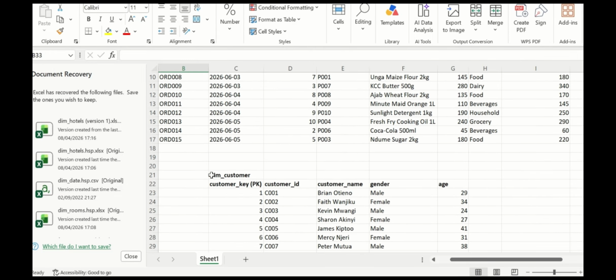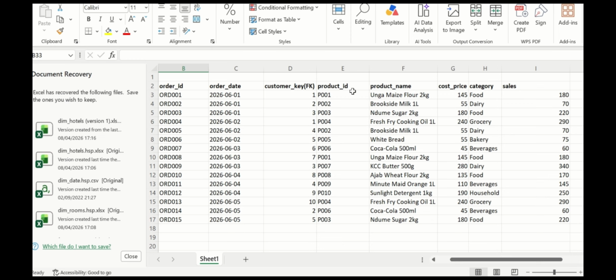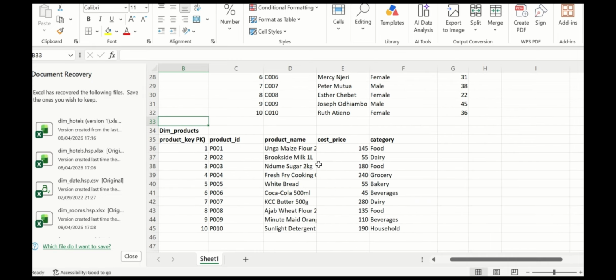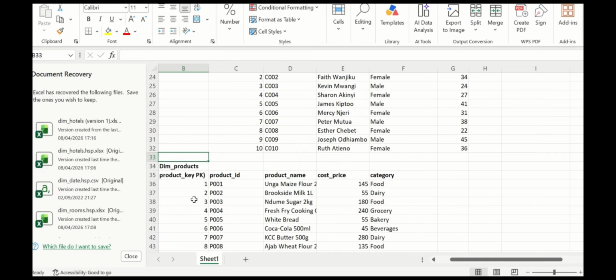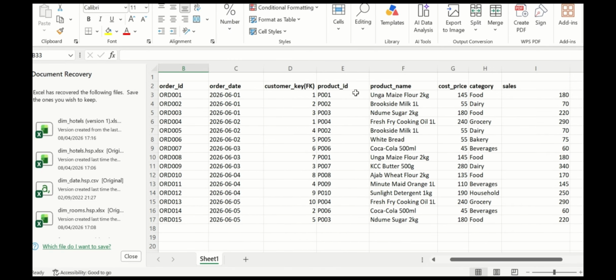Now let's go to our transactional table, our facts table here, and replace this product ID with the product key. So let's call this one product key.